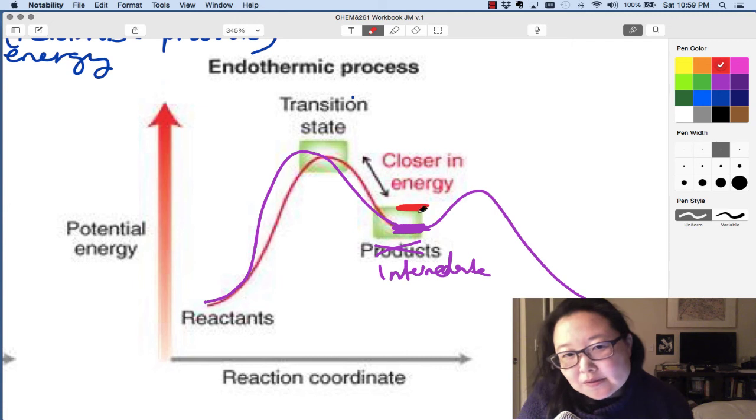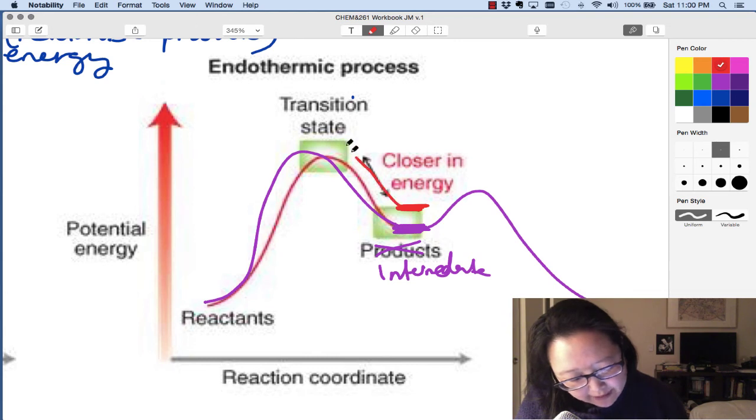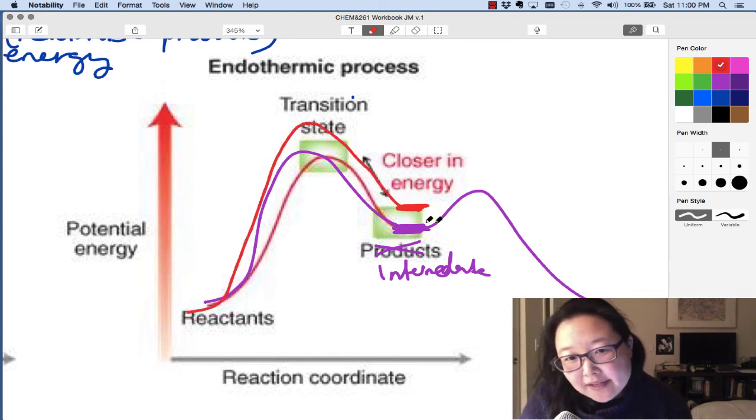Then I can use the Hammond postulate and say, well, the energy of the intermediate is going to resemble this transition state here. So if this intermediate's lower in energy and this intermediate's higher in energy, then this transition state will have a higher energy than the transition state of the first process, which has a lower intermediate energy.